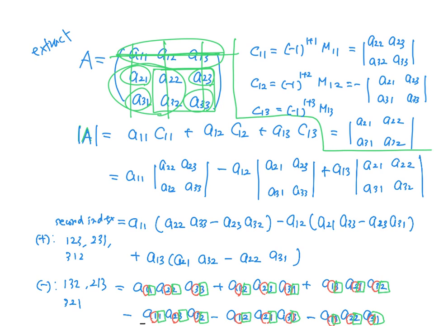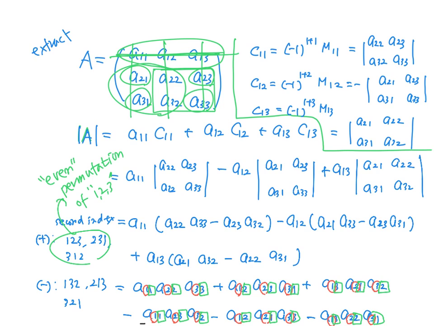And we call this even permutation. Right? Even permutation of 1 to 3. So those are actually even permutations.